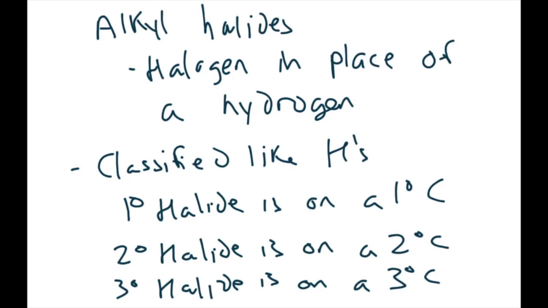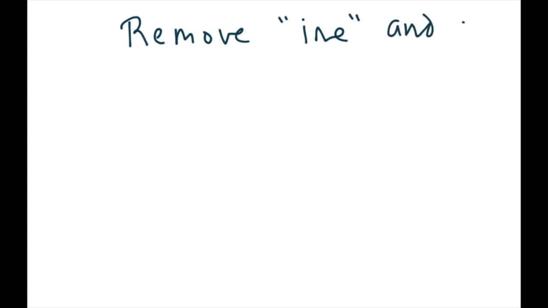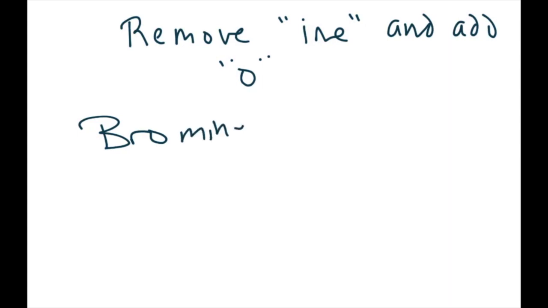So the naming for these, right? For naming, you remove the INE and add O. What that means is, all the halogens end in INE. So bromine becomes bromo when it's on a molecule, when it is a substituent.